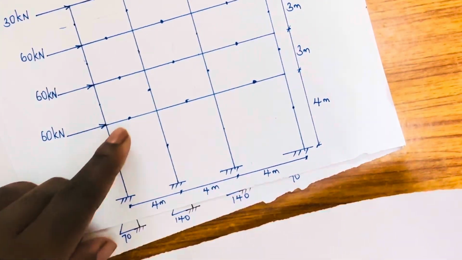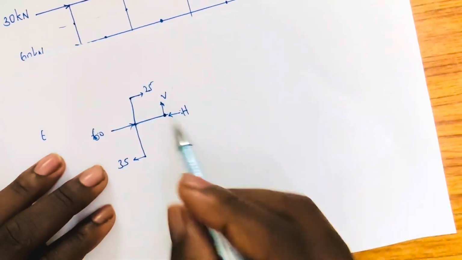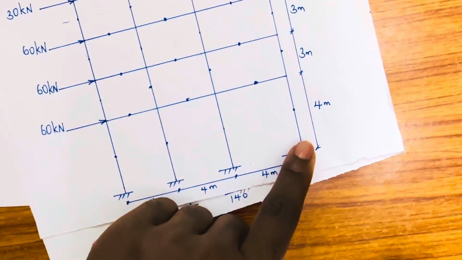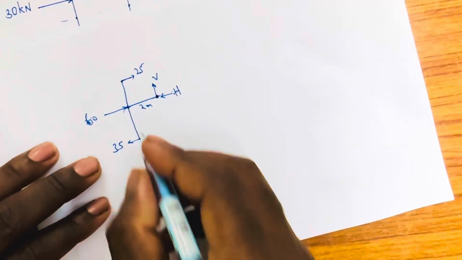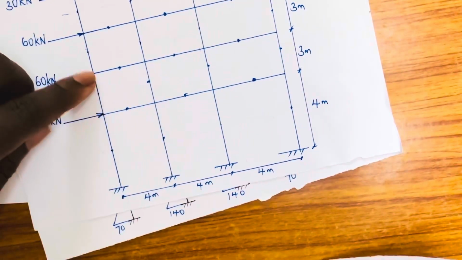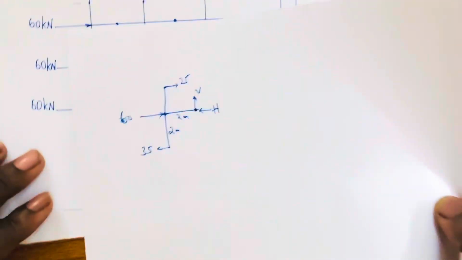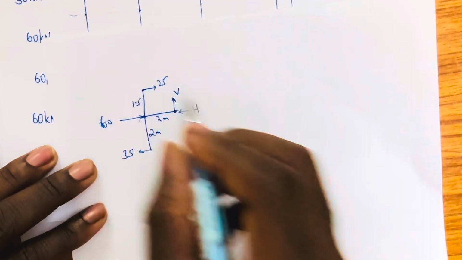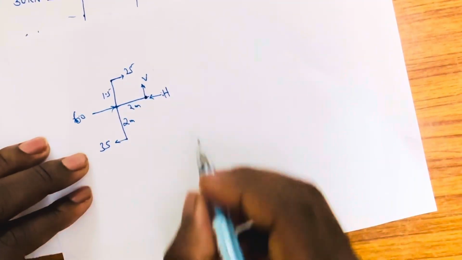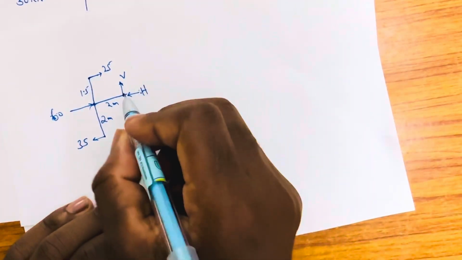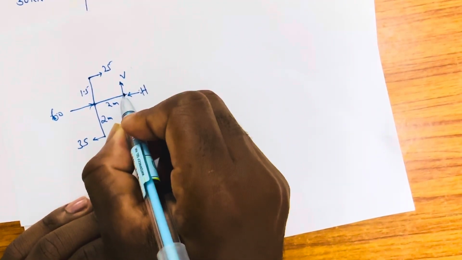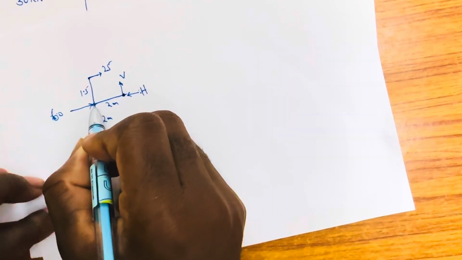So in that case, where the node is, here will be 2 meters, and the downer part here was 4, so this is going to be 2 meters. Then the upper part, here was 3, the half of it is going to be 1.5. Okay, so let's take the moment at this point, where we're analyzing the joint.